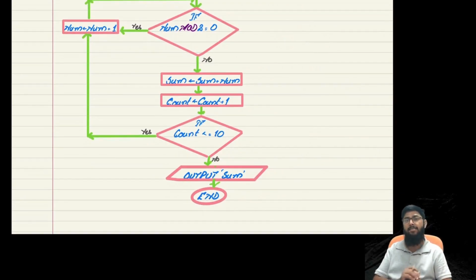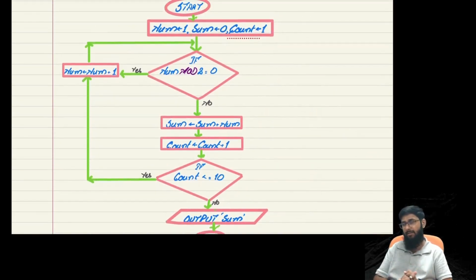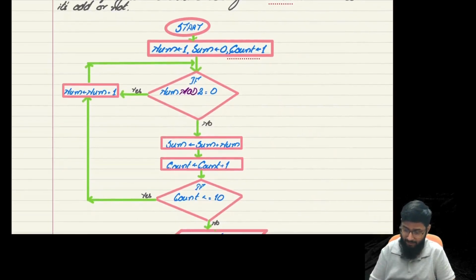So this is how we construct this program that will be checking each and every value, whether it is odd or even. You might have witnessed that this program is actually a hybrid program.